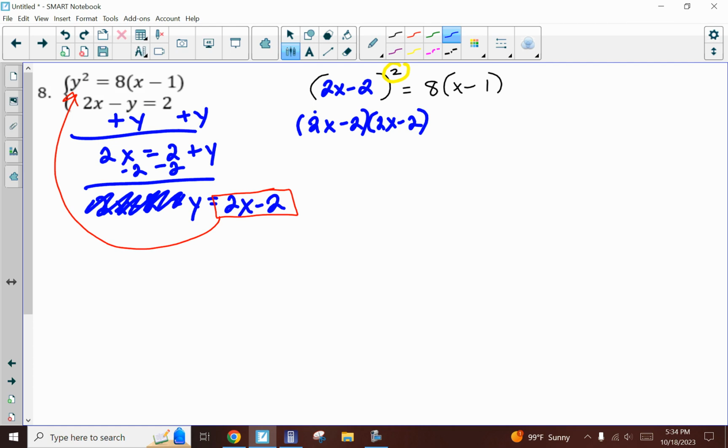And I'm going to go ahead and times this all out. So that's going to give me 4x squared. And then this guy right here is going to give me minus 4x. This one right here is going to give me another minus 4x. And then this one over here is going to give me plus 4. So if I simplify this, I should have 4x squared minus 8x plus 4.